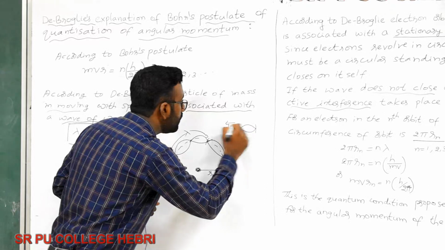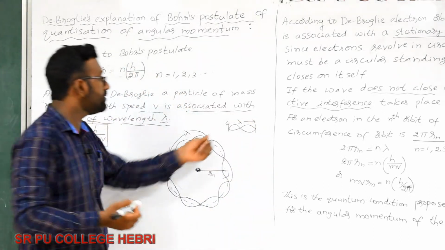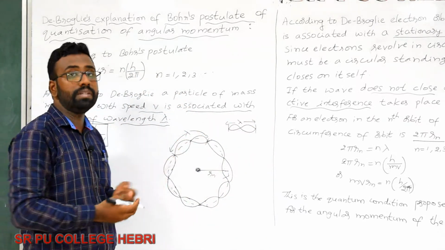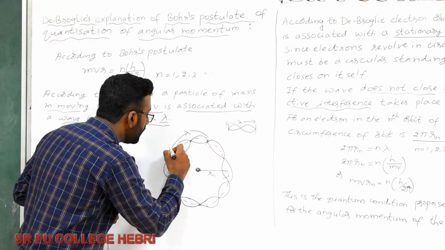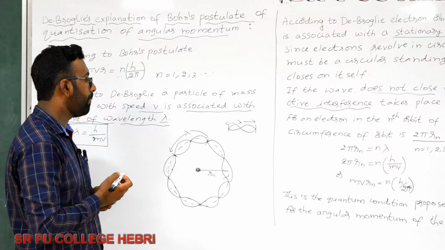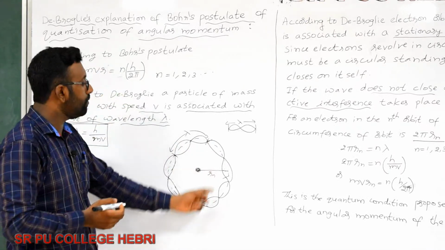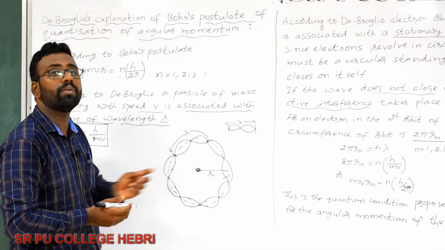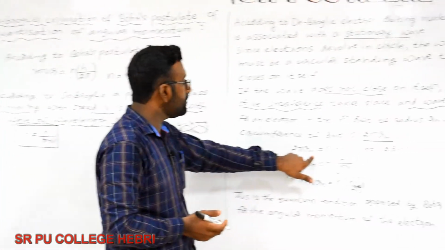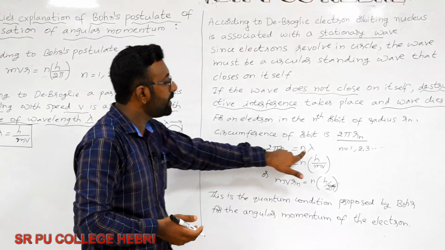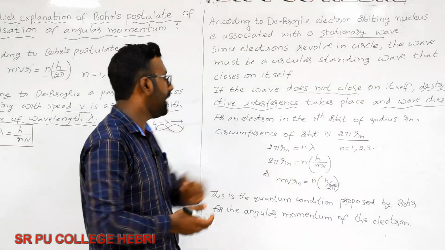You know what wavelength is: it's the distance from trough to trough or crest to crest. From here to here you have a wavelength lambda. So in this stationary wave, you can have n number of lambda. So the circumference, 2 pi Rn, equals n lambda.